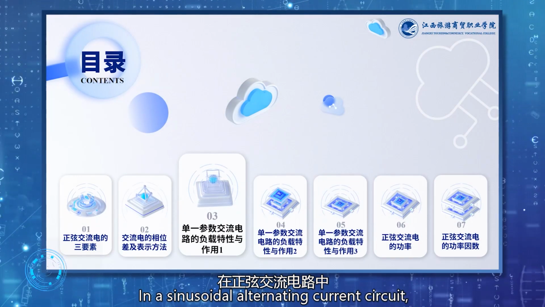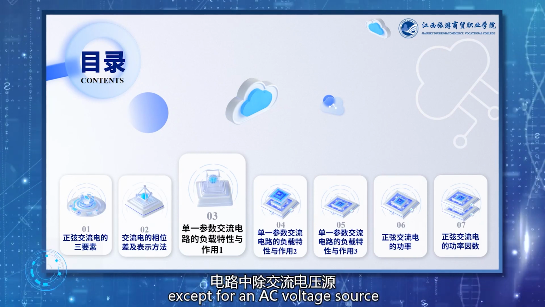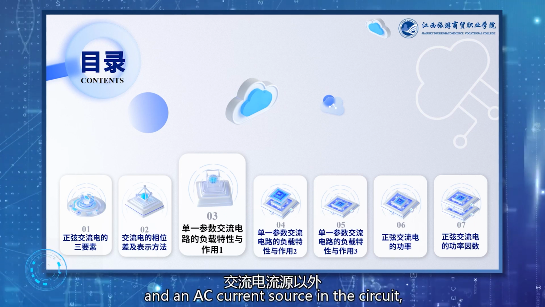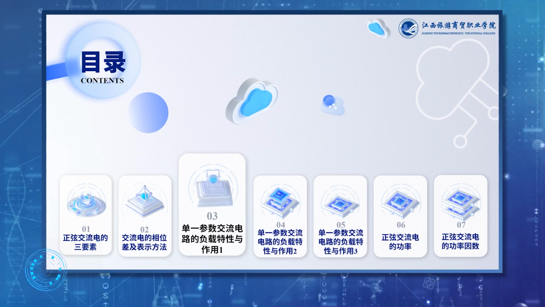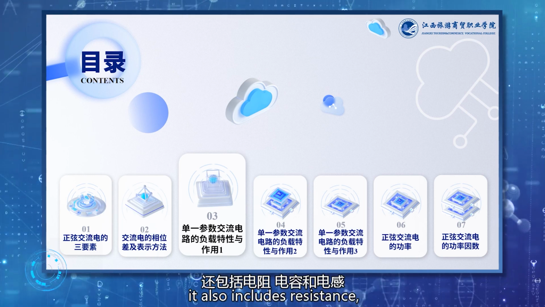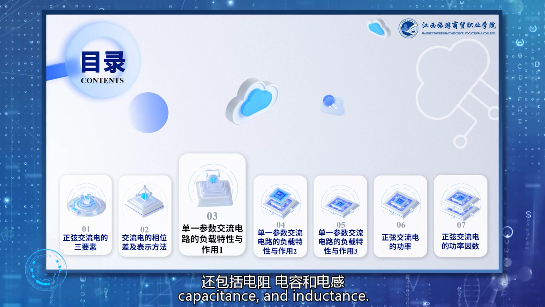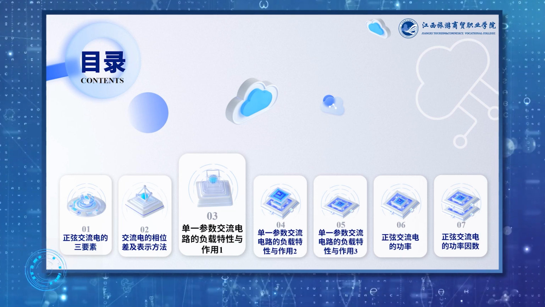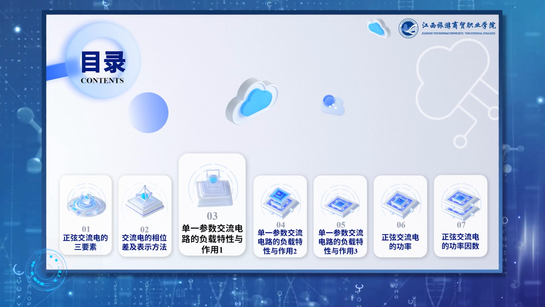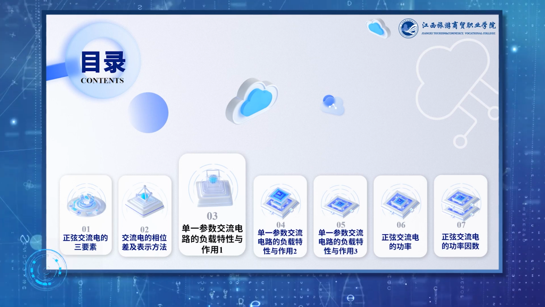In a sinusoidal alternating current circuit, except for an AC voltage source and an AC current source in the circuit, it also includes resistance, capacitance, and inductance. These are all components, basic elements of a circuit.